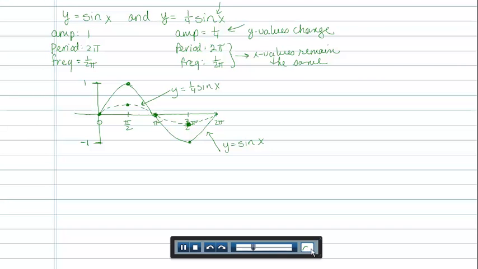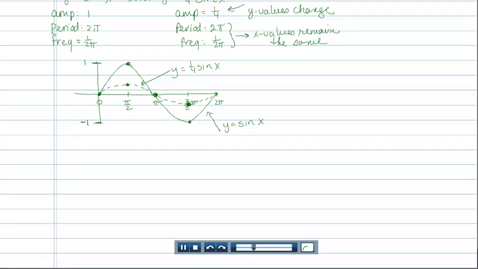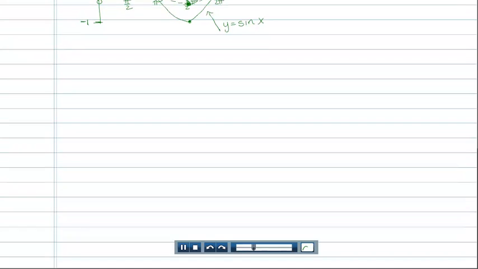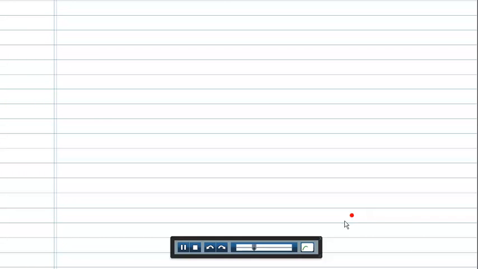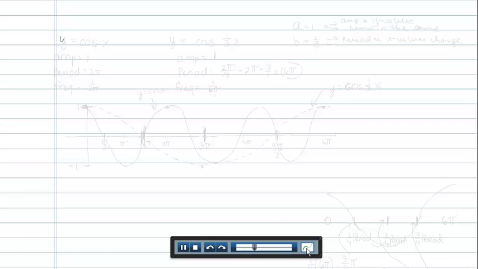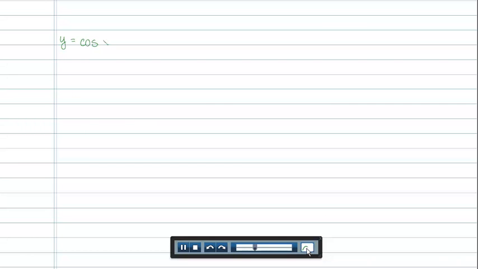Alright, let's do an example where b changes, and we'll use cosine this time. y equals cosine x versus y equals cosine 1/3 x. As you can see right now, we've had a change in b.